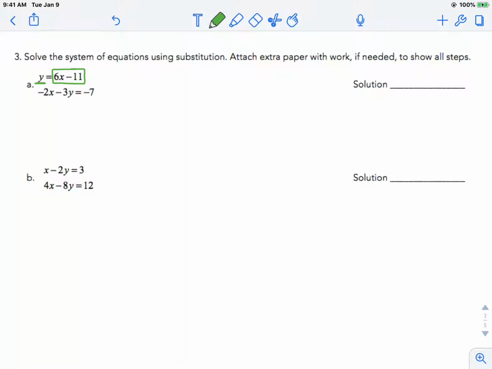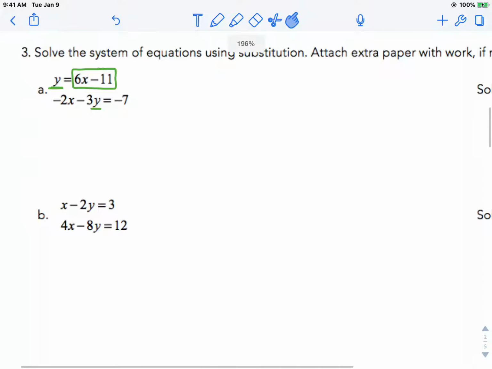In the other equation, we'd underline that same y that we wanted to substitute into, meaning this box full of information is going to go in place of the y value in there. So go give it a try to get that substituted. Like I said, we'll come back to this in the third video. And then you go ahead and solve for the rest of it.